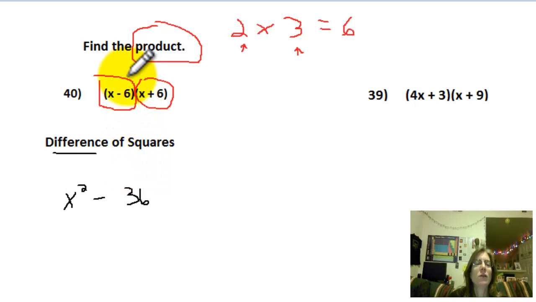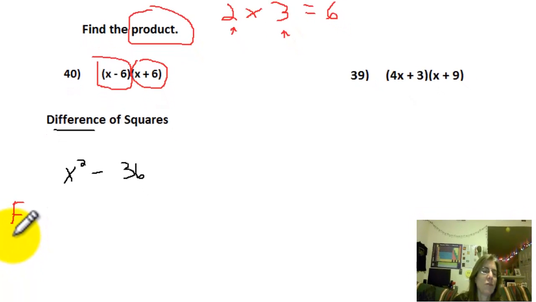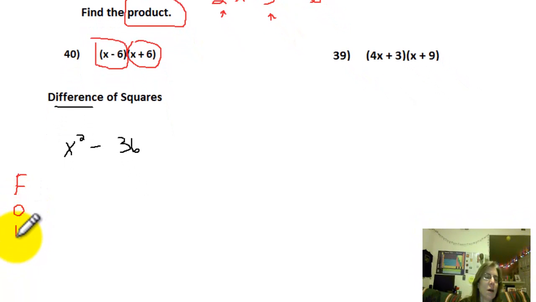Now let's FOIL it out so you can see how that is. When you FOIL, and we're using this word FOIL, it's because we're talking about firsts, meaning we multiply the first letters in each of the set of parentheses. So positive x times positive x is an x squared.